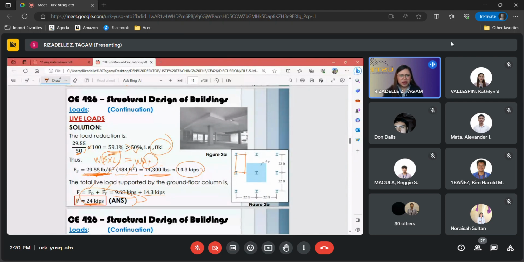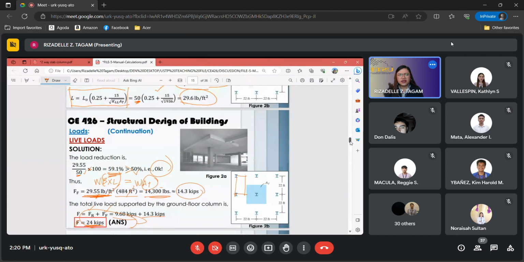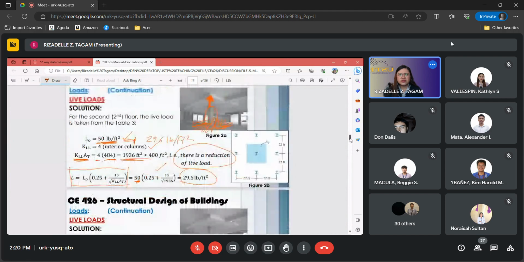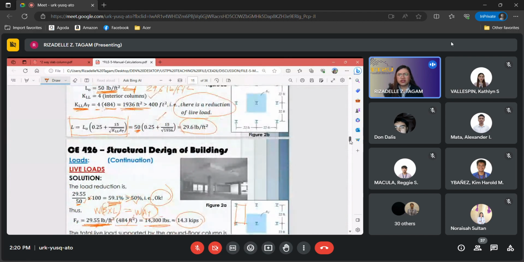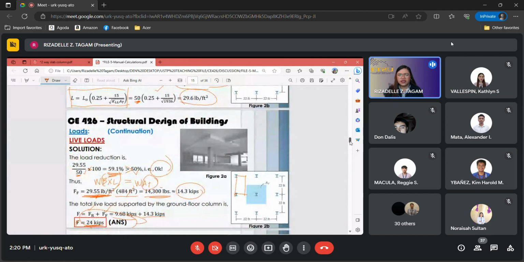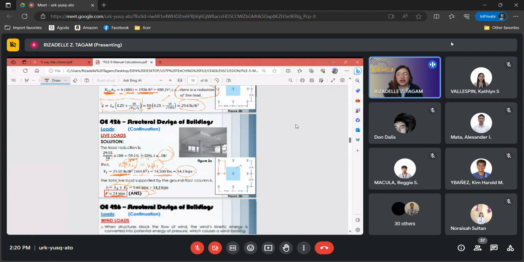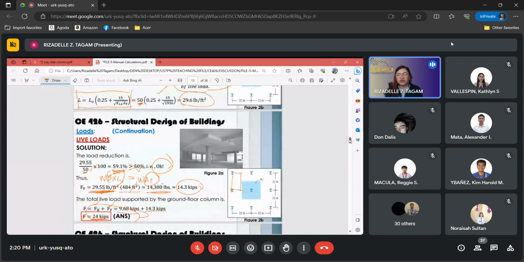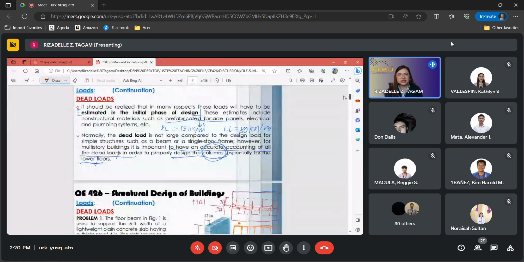Same process on beam: compute the tributary area, get the load, check if greater than 400, reduce, check the percentage of reduction, and then compute the uniform load. That's all I will discuss on dead load and live load.